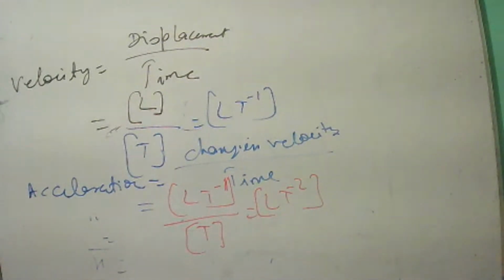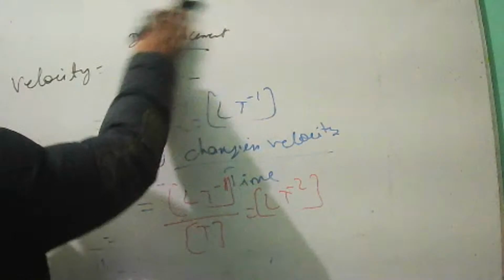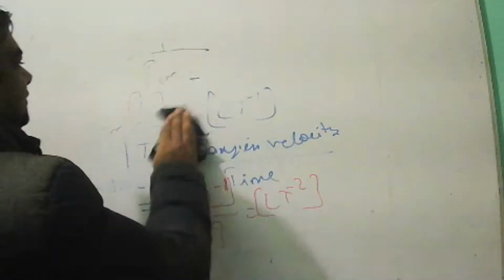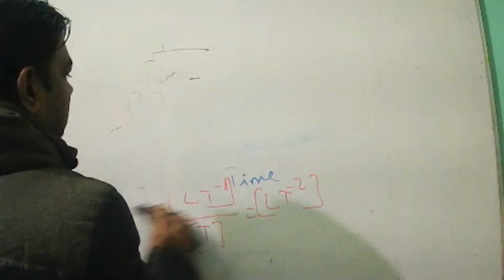After acceleration, then do you remember the formula for density? Density is equal to mass divided by volume, that is m upon v.